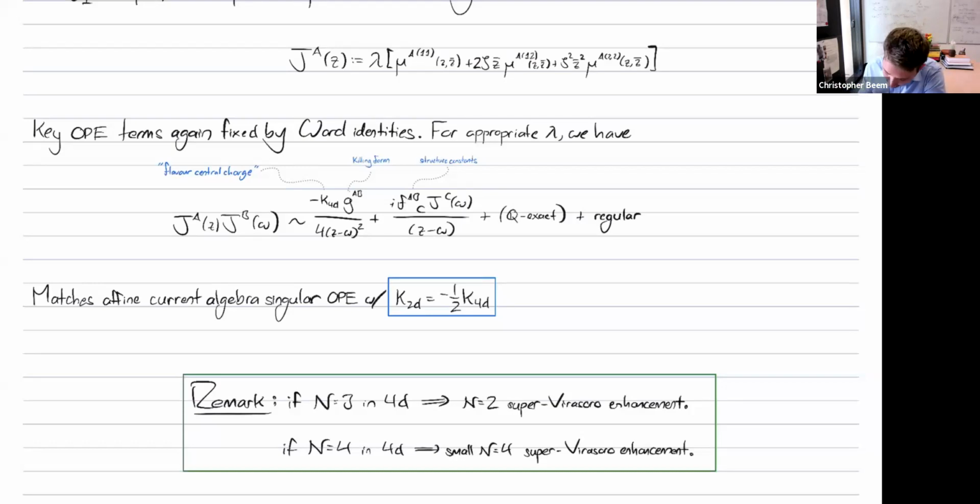So this is an affine current vertex algebra associated to the same Lie algebra or Lie group, where again, there's a bit of a translation. There's a quantity called k_4D here, this is what people sometimes call the flavor central charge. It's related to a global symmetry, R symmetry, a 't Hooft anomaly in your four-dimensional theory.